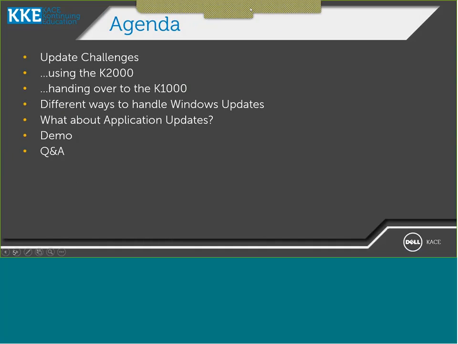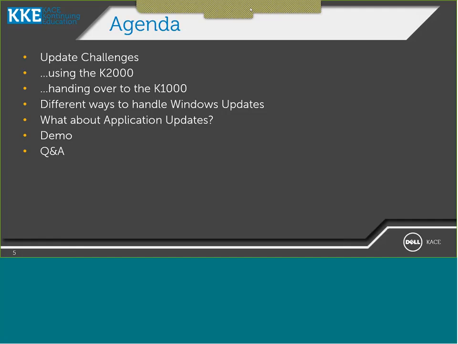So what we'll talk about today is the update challenges we have. Once the Windows operating system is deployed, we are probably not yet finished. Even if we've set it up nicely, a couple of months later we probably need to do some more updates on those very same machines or images. There are different ways to handle these updates. We can use the K2000.